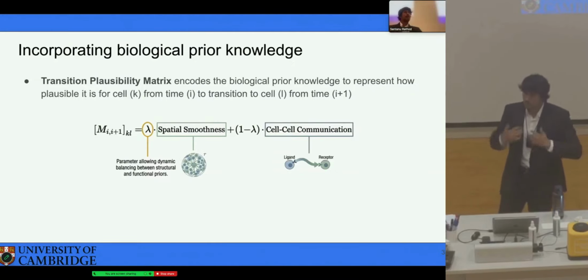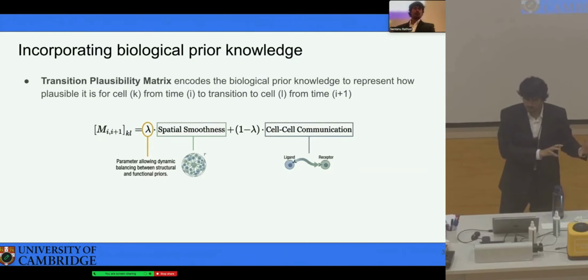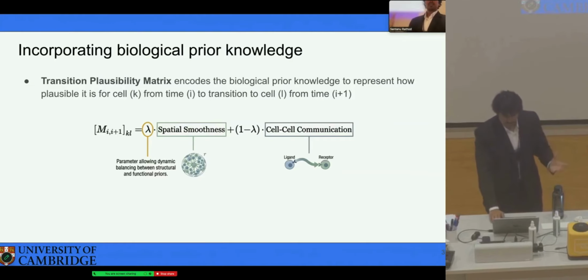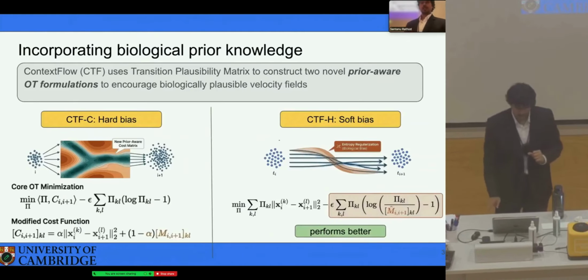Biologically speaking, what does my intuition tell me? How likely is it for this transition to happen based on the spatial smoothness prior and cell-cell communication patterns? That is what's encoded in the transition plausibility matrix.